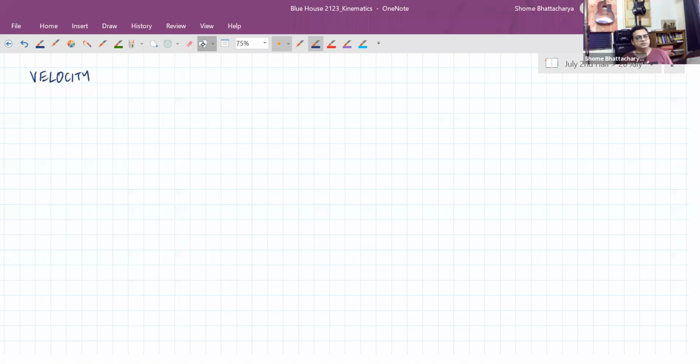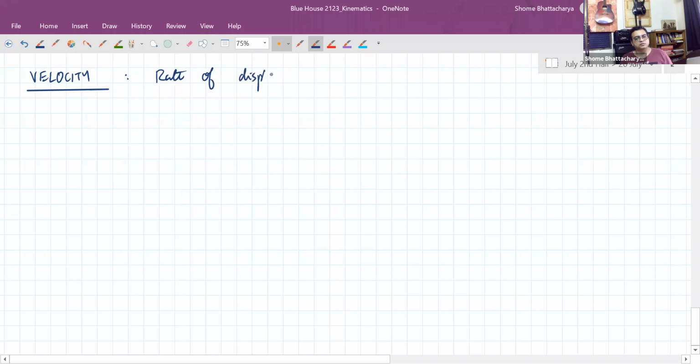Now the next parameter we'll define is another vector parameter, velocity. So velocity is simply defined as the rate of displacement with respect to time.